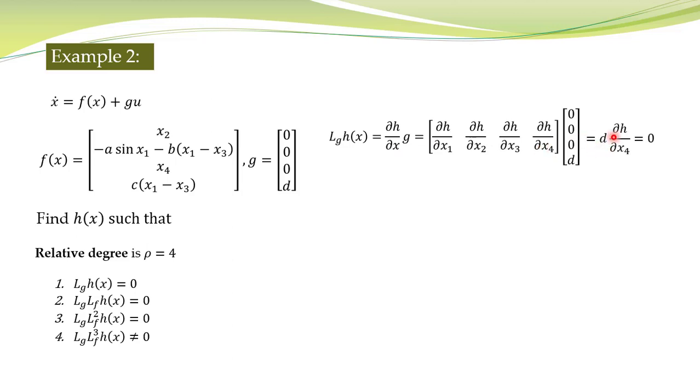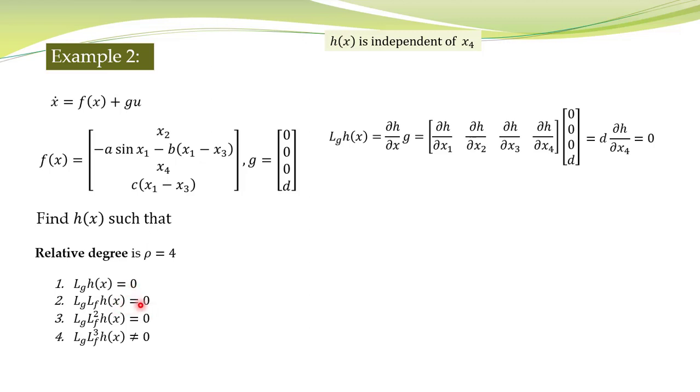D multiplied by partial h over partial x4, and we want it to be equal to 0. So what is the implication of this statement? H should be independent of x4. Let's note down this guideline: h of x is independent of x4. This is from this requirement.